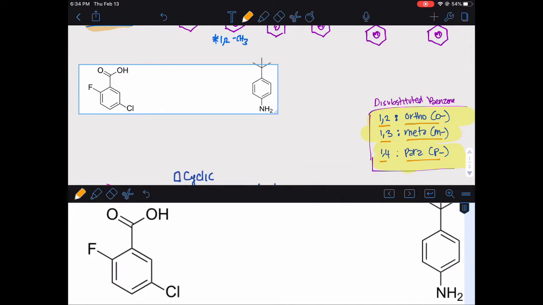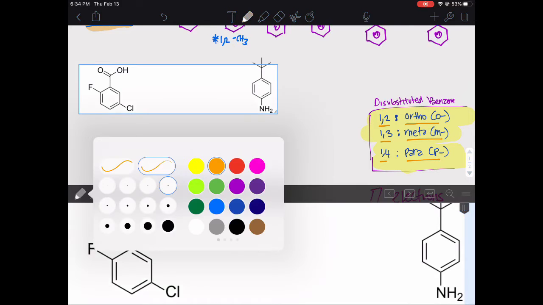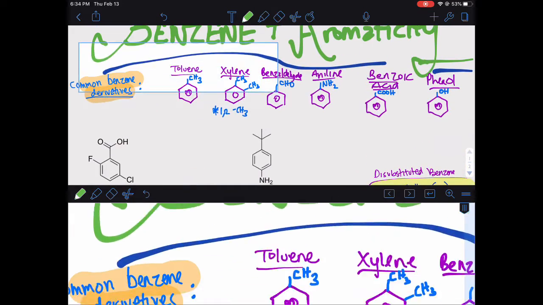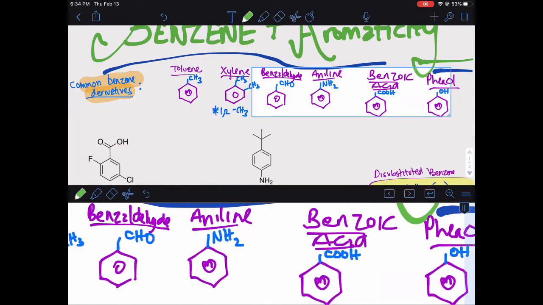So our first example here, we see that it is multi-substituted, meaning it has 3 substituents. It has this, this, and this, right? So we want to actually use number locations for this because it's multi-substituted. The first priority will go towards the substituent that's part of these common benzene derivatives.